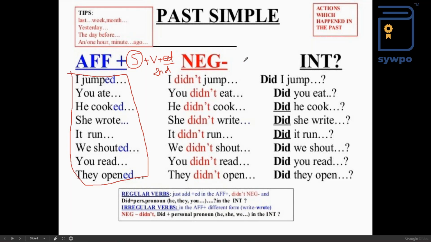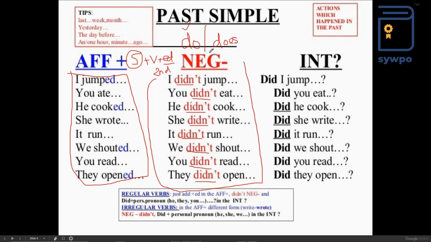Let's talk about negative. If you see the negative, we need the helping verb just like in present simple. I hope you can relate to present simple learning from the other day. In present simple, we needed do, remember? Or we needed does. And does was for the third person singular, and do was for I, we, they, and you.